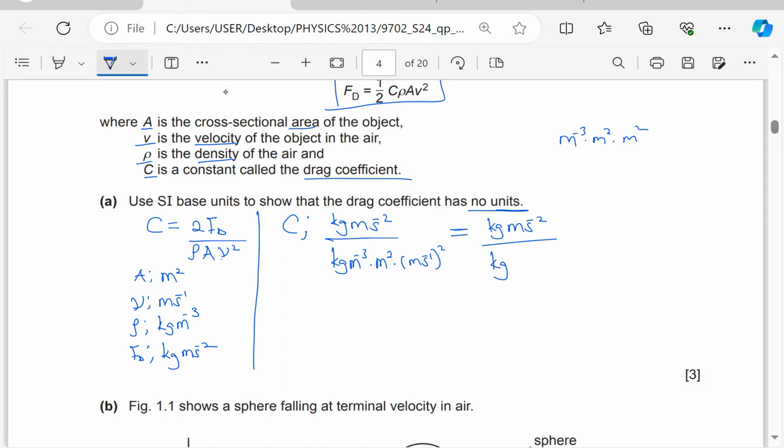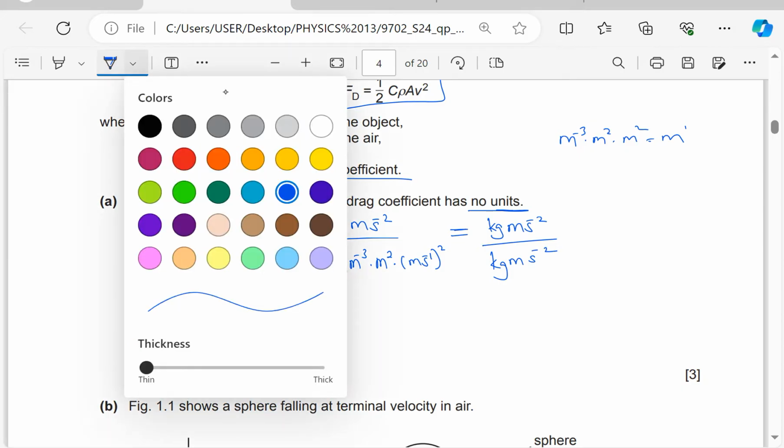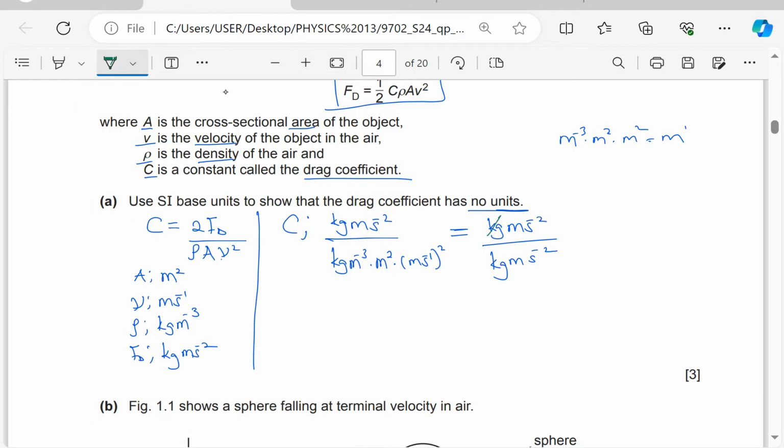So we have minus 3 plus 2 plus 2, which becomes m to the power 1. So this will be simply kilograms times meters. Then s to the power minus 1 is again squared, so it becomes s to the power minus 2. So what happens is that I'll cancel out each of the corresponding terms. For instance, kilogram cancels out, m cancels out, per second squared cancels out.